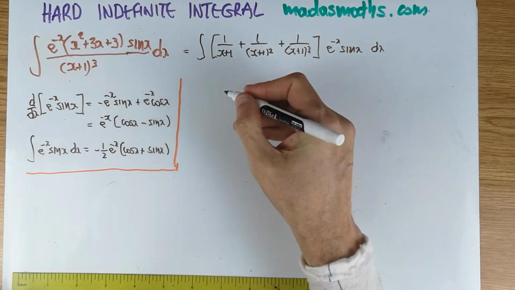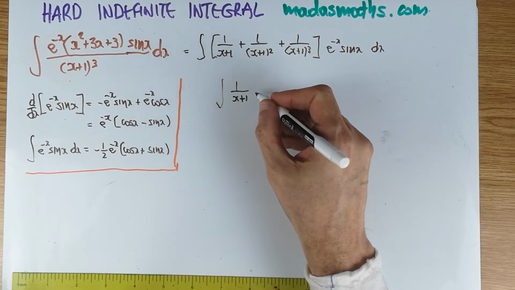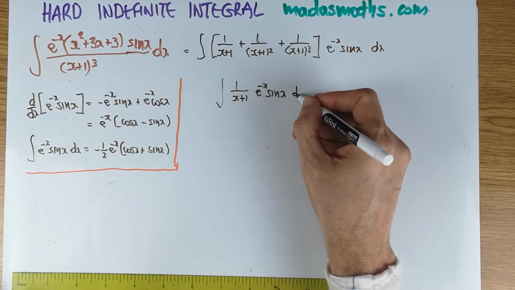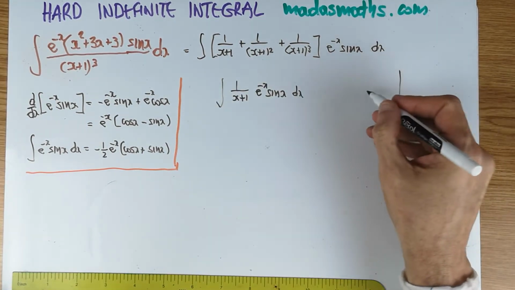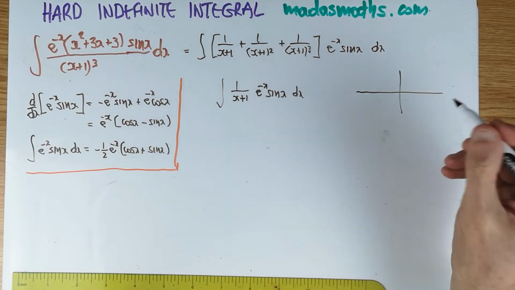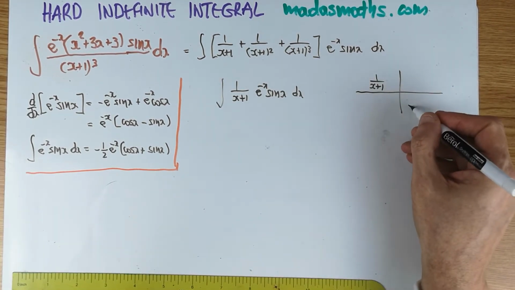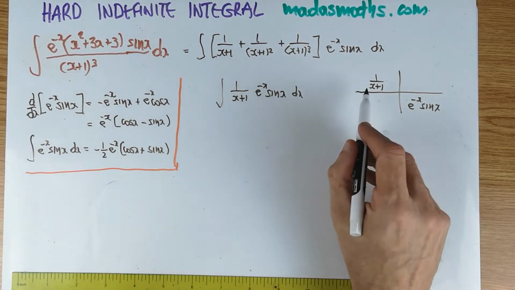So again, now we're going to be doing the integration by parts one at a time. So let's move on. So 1 over x plus 1, e to the minus x sine x dx. At the moment, I'm just doing this integration by parts. And for this particular one, let's say we differentiate the 1 over x plus 1, and we're going to integrate this quantity. And you can see why I got these kinds of things.